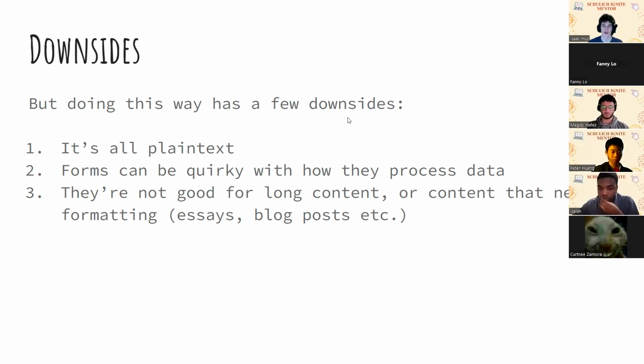They can be a little weird in how they process data, so sometimes you won't get back what you're expecting. And very long content is not super great. It's good for filling in names, emails, and other things you'd normally use on a website, like addresses if you're shipping something. But for something longer, like an essay or a blog post, it just doesn't really work.